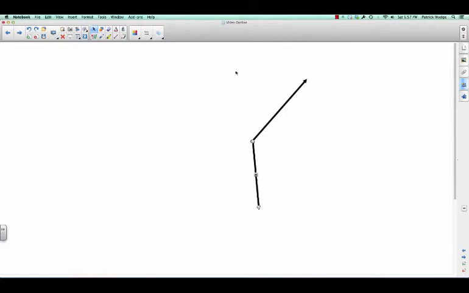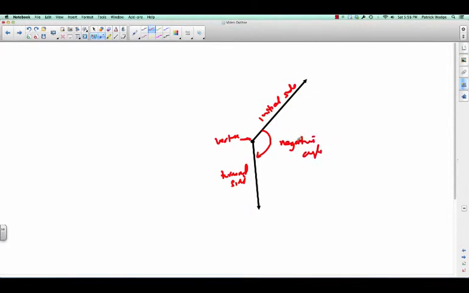Let's say I stop right there. So just to label it again, this was the initial side, and this is where we stop down here, the terminal side. The vertex remained at the same spot the whole time. That's the vertex. And in this case, we rotated in a clockwise direction, so this is a negative angle. That's basically what you need to understand here.